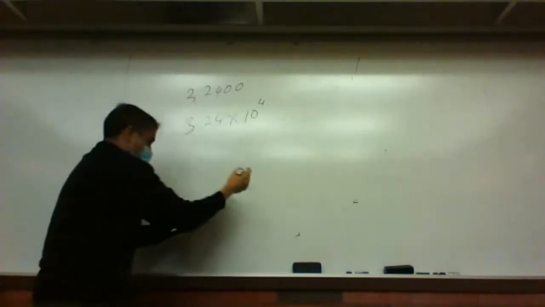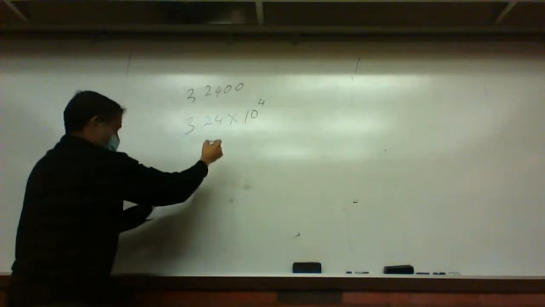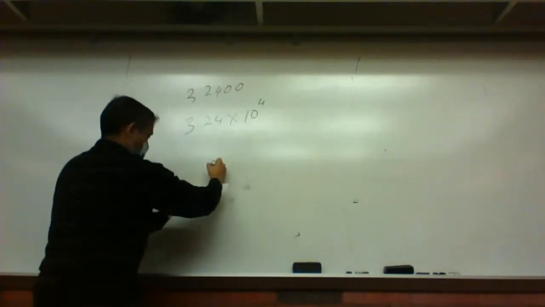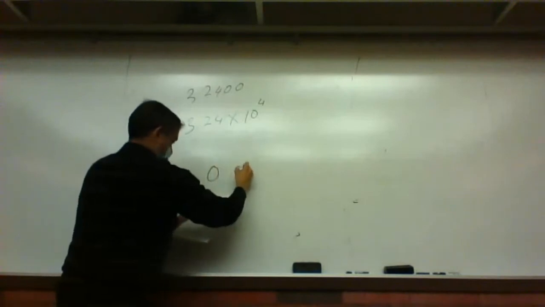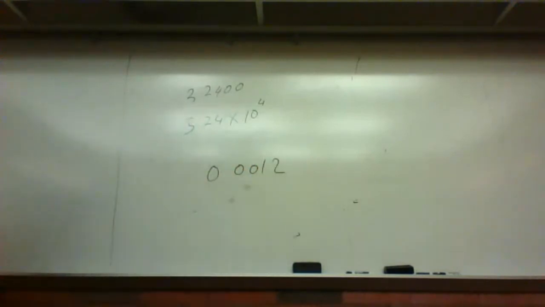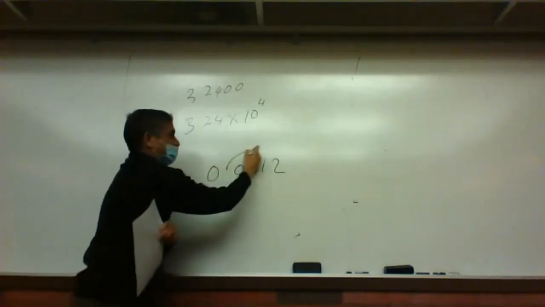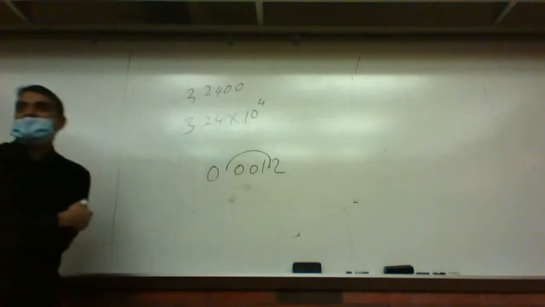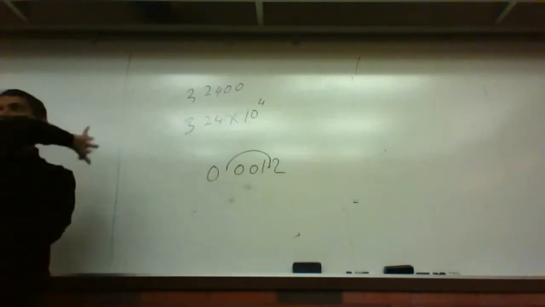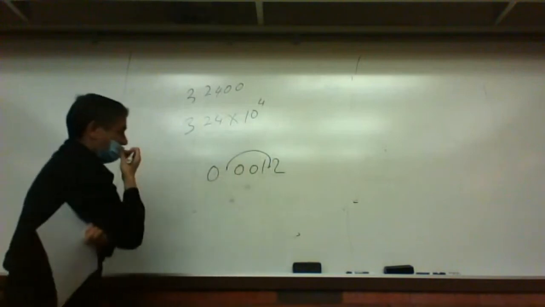So let's write another number here. Let's say I have a number C, 0.001, a very small number, right? I want to put the decimal back here. I'm pushing the decimal the other way.